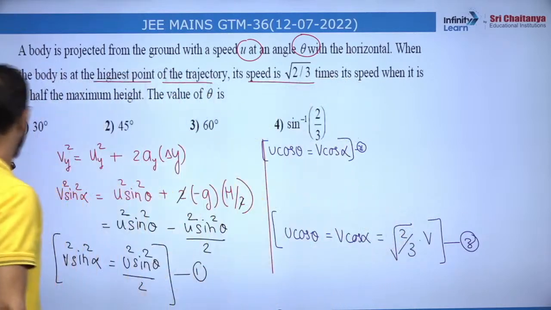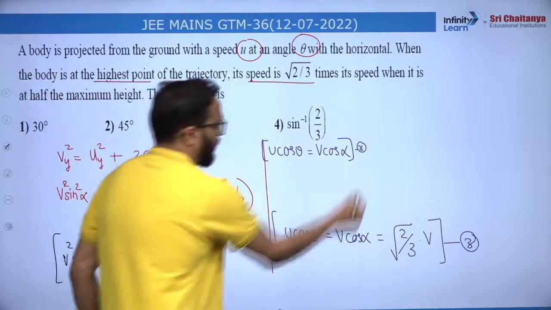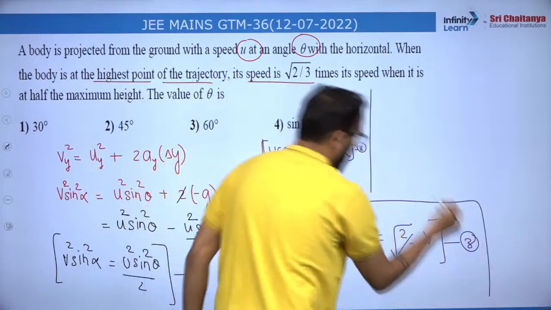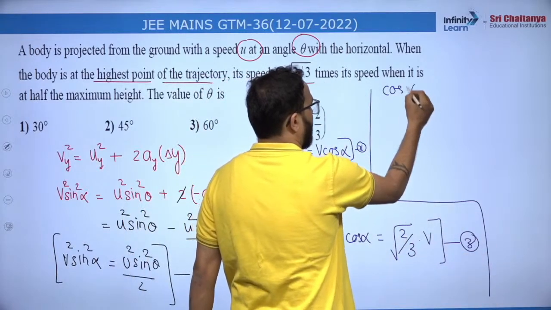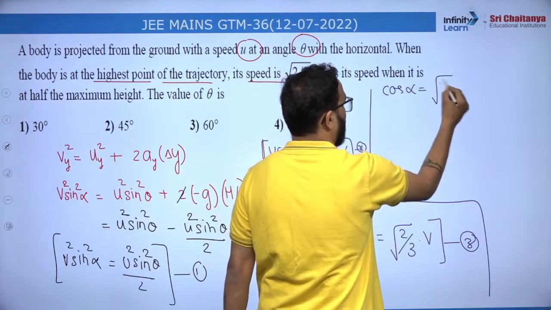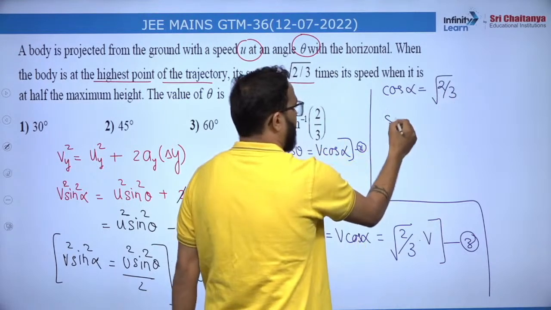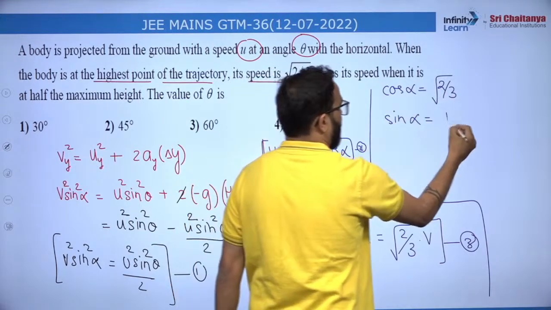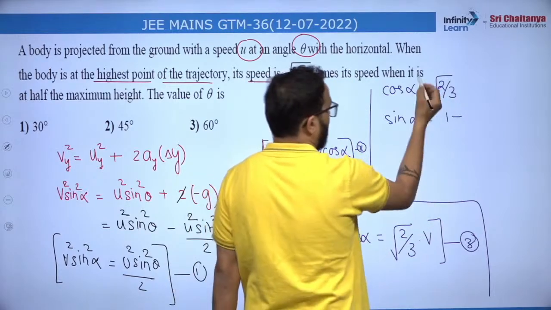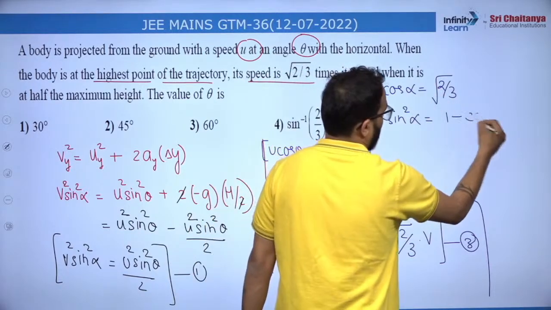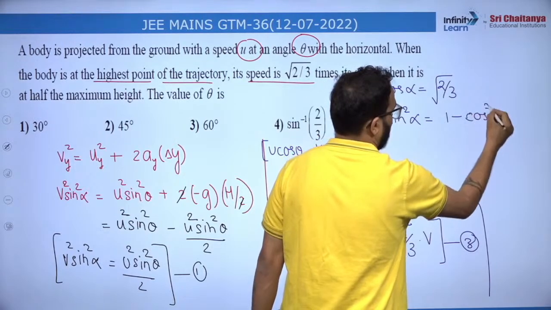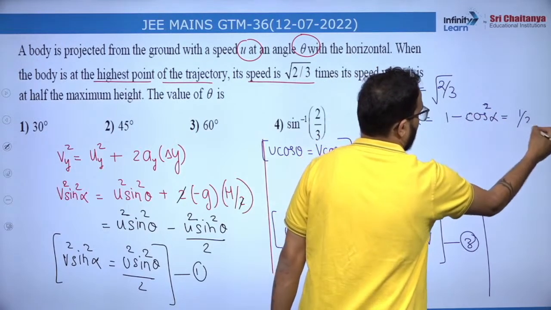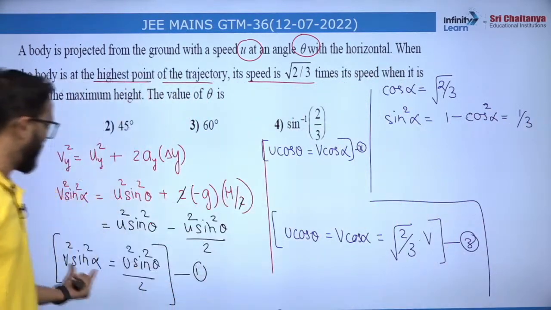Okay, so from here we will write that cos alpha is root over 2 by 3. Find out sine of alpha: sine square alpha will be 1 minus cos square alpha, right? 1 minus 2 by 3 is 1 by 3. Now you know sine square alpha, you can put it here.